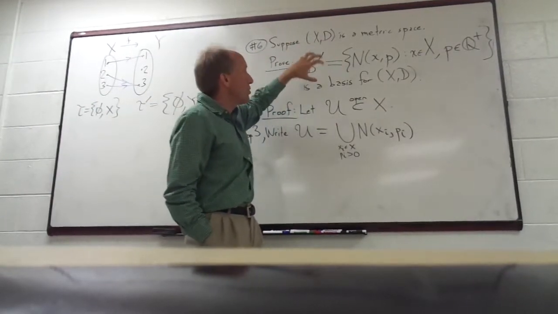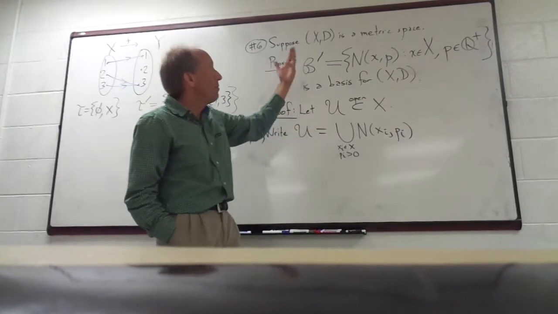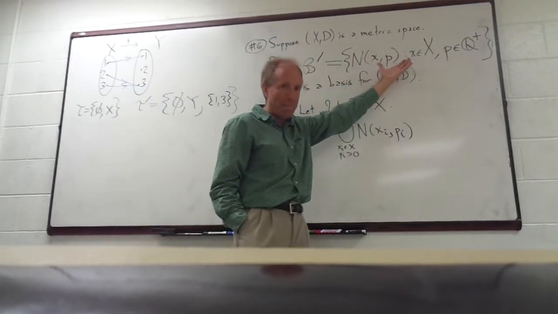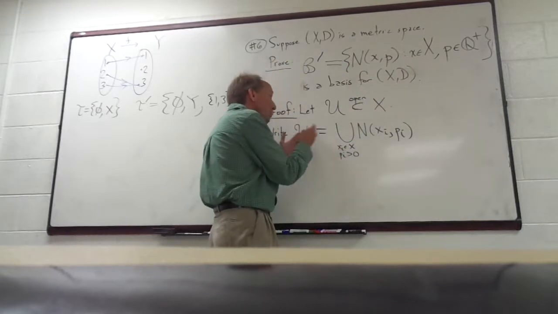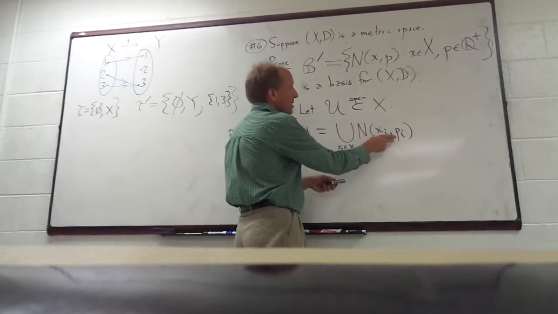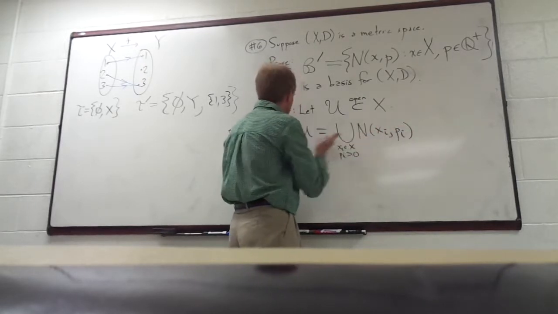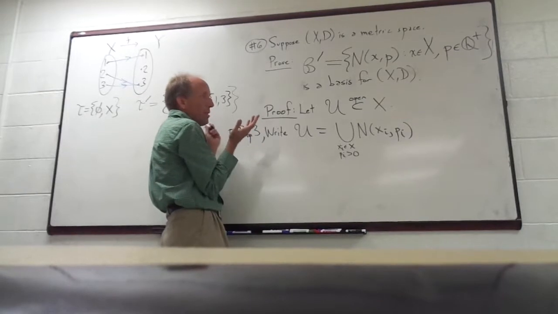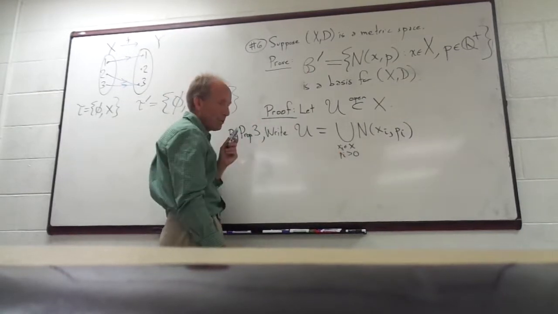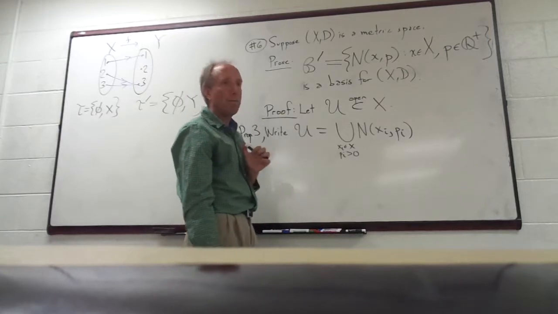The goal is to show that U is a union of things from B prime. I don't know if these are in B prime, because the radii we were given from the proposition are only known to be positive numbers. So that's an issue we have right now.